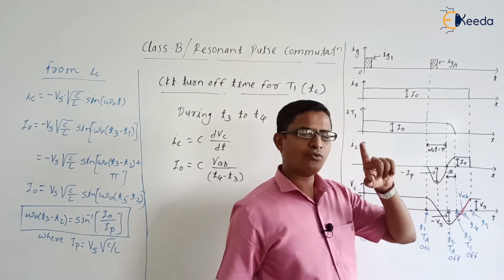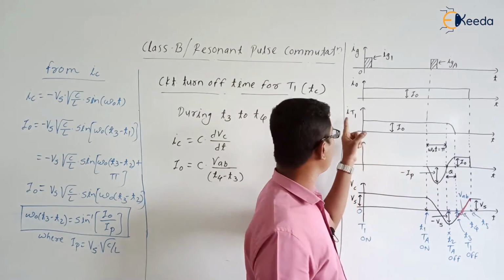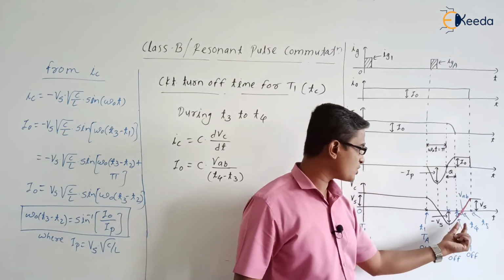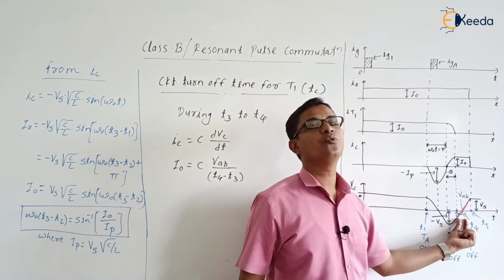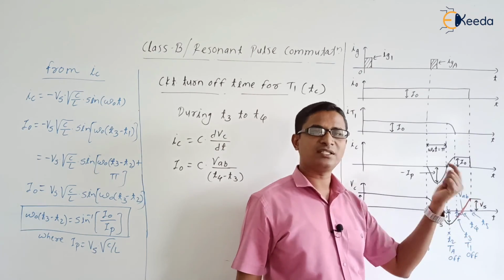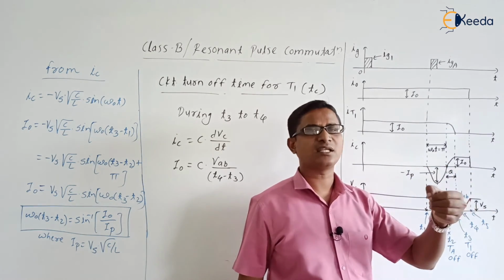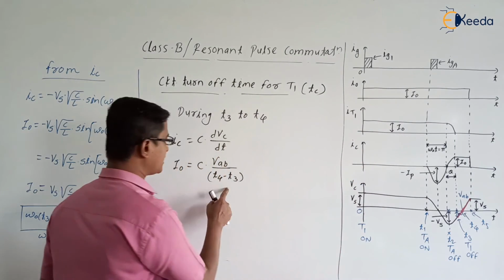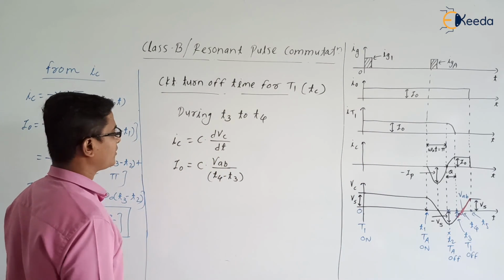Because for finding the circuit turn-off time, we need to check the instant at which thyristor T1 current becomes 0, and after that, the reverse voltage is maintained till what instant. That interval indicates the circuit turn-off time. So T4 minus T3 is the circuit turn-off time for thyristor T1.